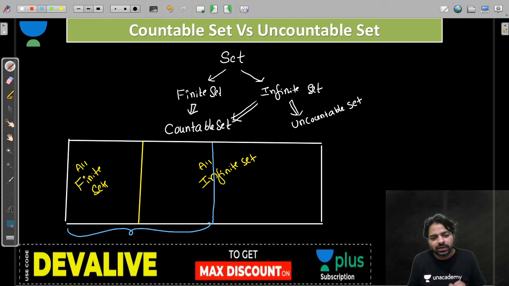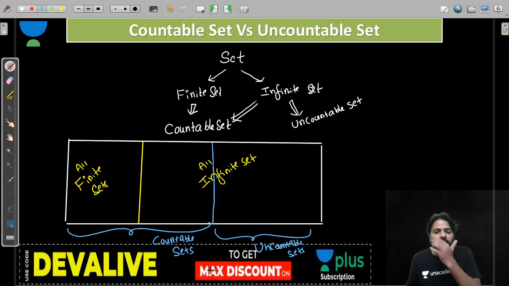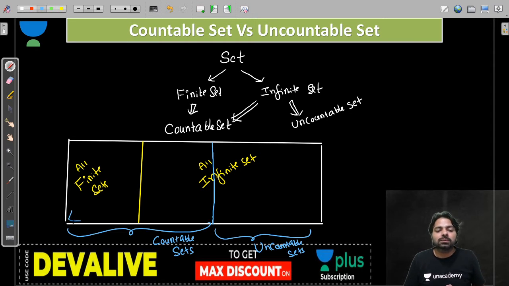From here to here, you can assume countable sets. But what is countable, we have still not discussed yet. And what are these countable sets?